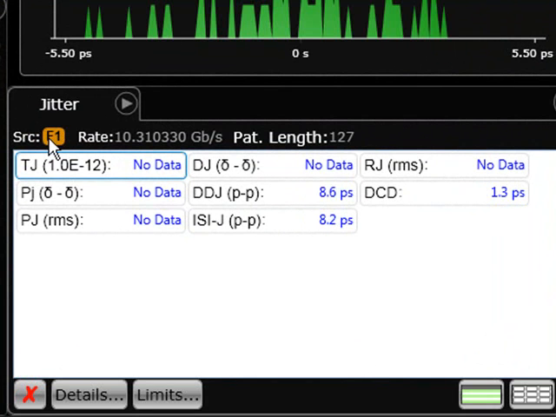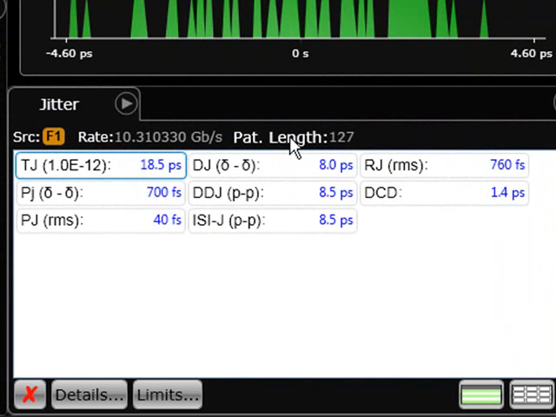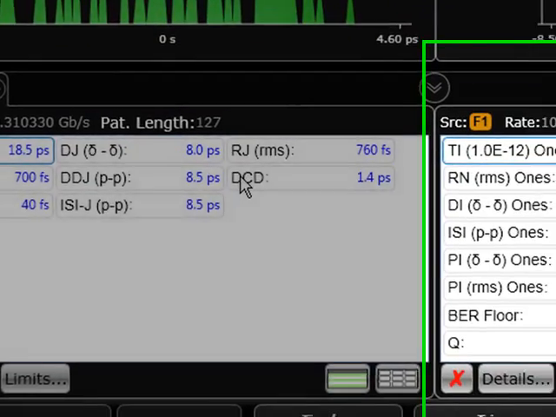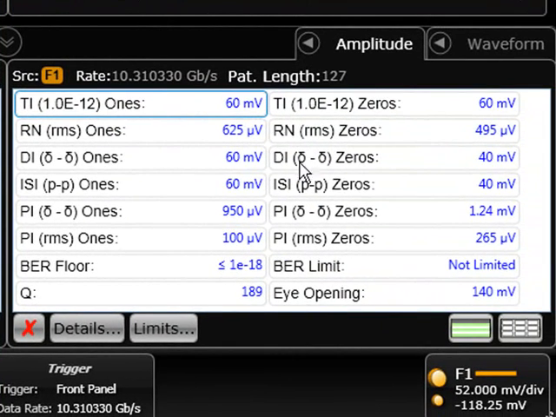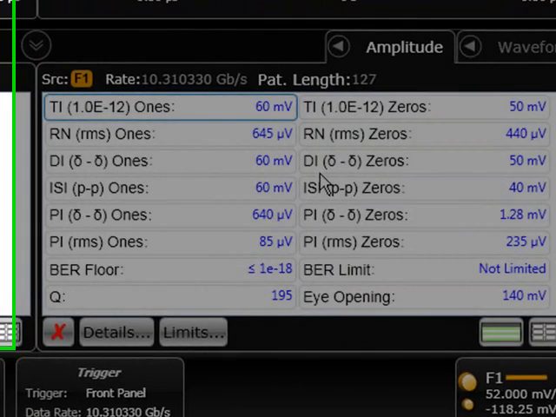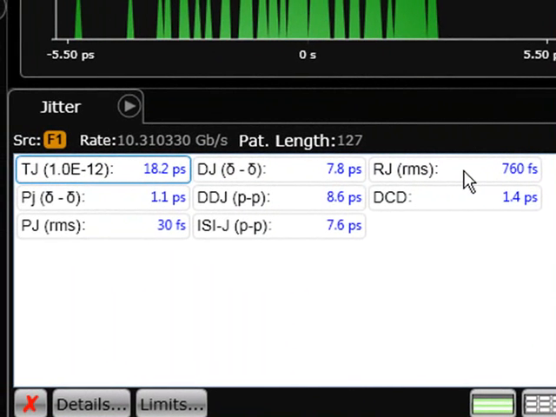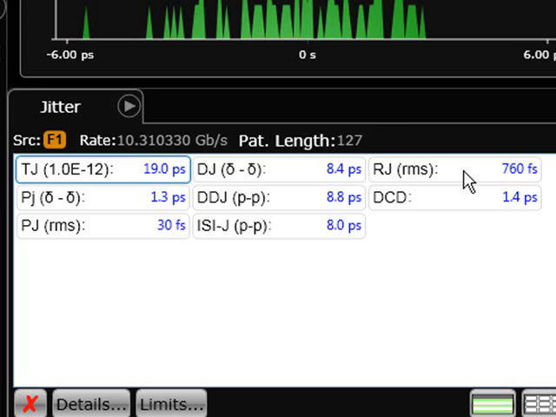Again, it auto detects the data rate and the pattern length, and it separates jitter into its constituent components. Over on the right hand side, you can see that I'm actually doing an analysis in the amplitude domain as well. So it's possible to look at timing impairments as well as amplitude impairments. And my RJ, back over on the left, is again just under 800 femtoseconds at about 760, 770 femtoseconds.